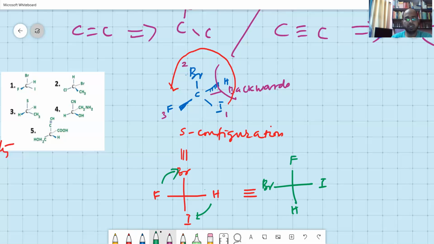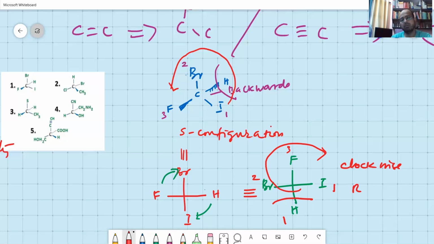Now the hydrogen becomes the one which is the last priority. So when hydrogen becomes the last priority, you can see that I, Br, and F go the same way. So this way it will be 1, 2, and 3. It will be clockwise. Therefore, it will be R configuration.